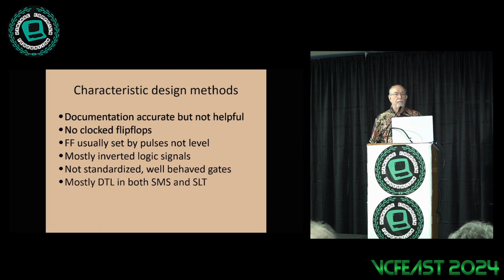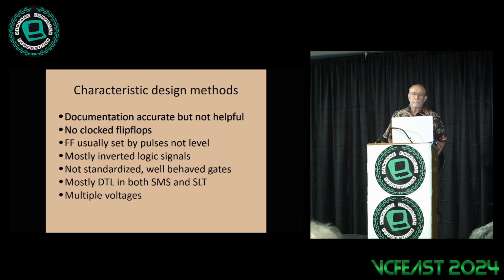Now, the logic in both the SMS generation and SLT generation is diode transistor logic. So that just means the logic function is implemented with diodes, and then a transistor inverts it and amplifies it to redrive the signal. And that's pretty much what you find, except for some of the current switch, the ECL. A lot of voltages.